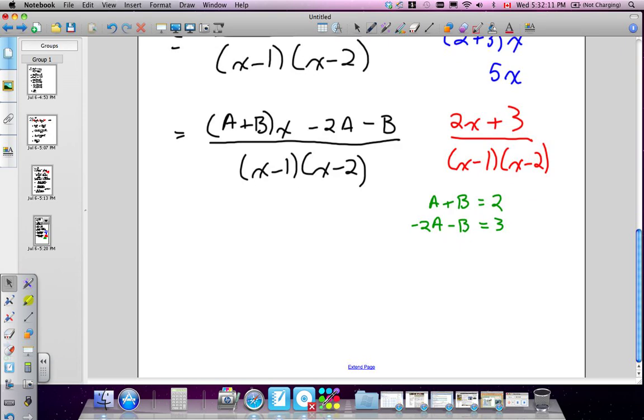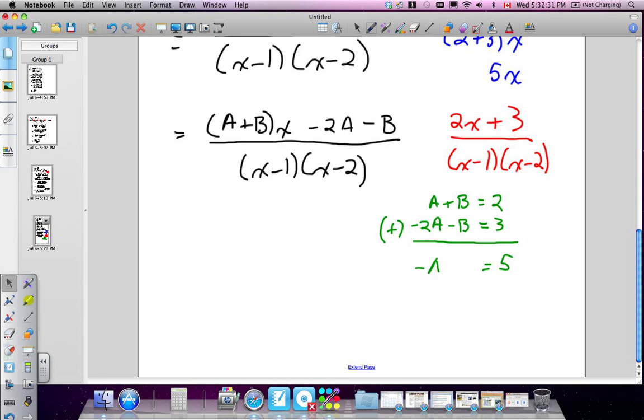If I were to add these equations together, the b's will cancel out. I'd be left with 5 over here. And a plus negative 2a is negative a. Does that make sense? So a is going to be negative 5.